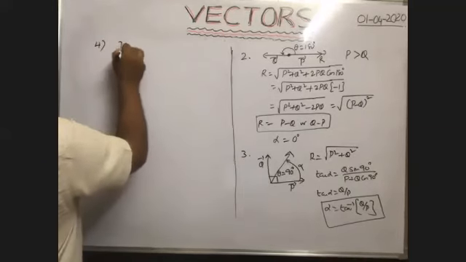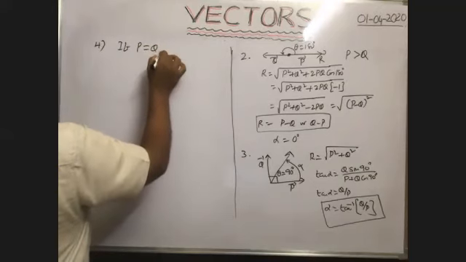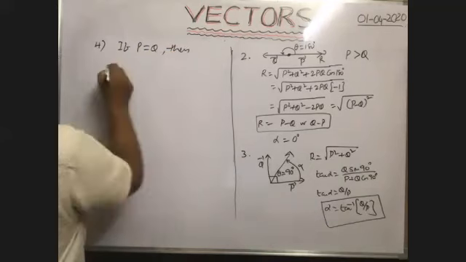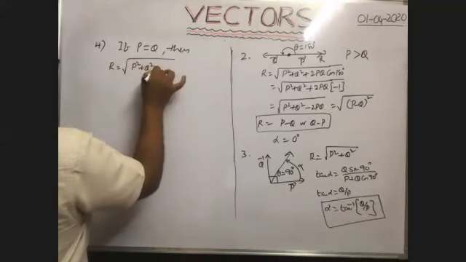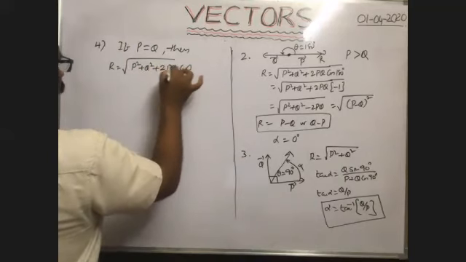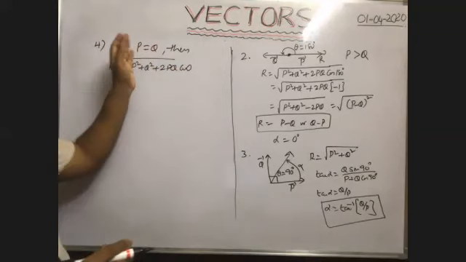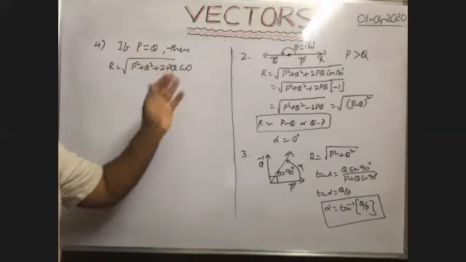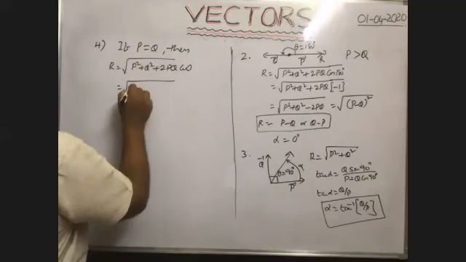If the magnitudes of P bar and Q bar are both equal, then what about R? R is equal to square root of P square plus Q square plus 2PQ cos theta. If the magnitudes are equal, P is equal to Q, or modulus of P bar is equal to modulus of Q bar. Instead of Q, you write P only, because both are equal.